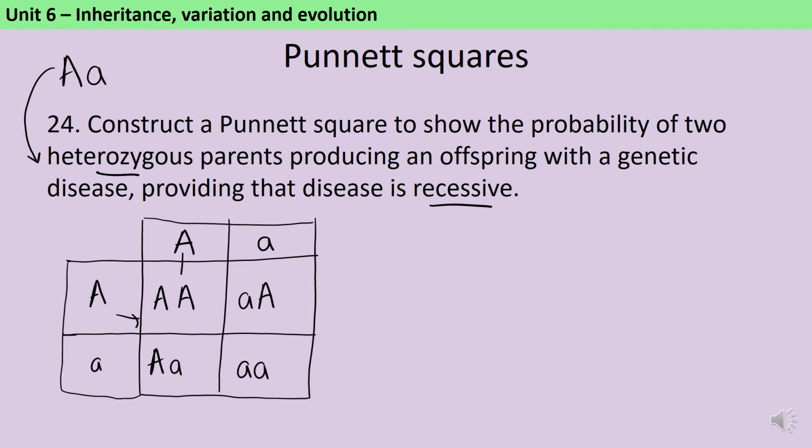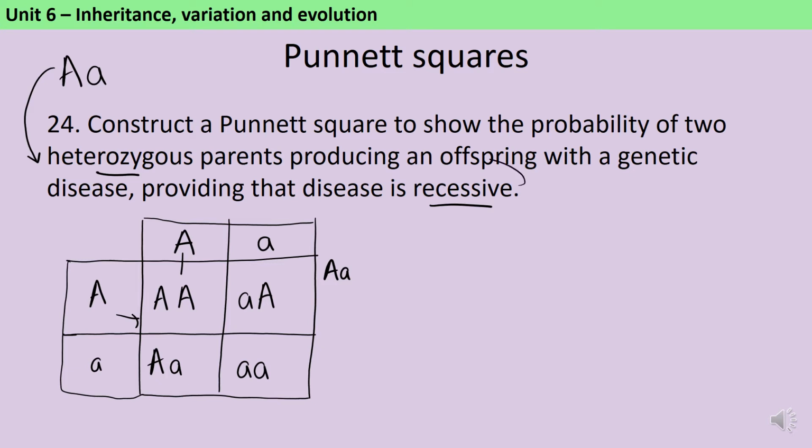And then going left to right as well, here I'll have a capital A, and here I'll have a lowercase a. It doesn't matter if you've written your genotype with the capital letter second. The convention tends to be to always write the capital first, but you will get marks even if you've done it like this. So in this, we're then going to be asked what proportion of the offspring have the particular disease, or what probability it is.